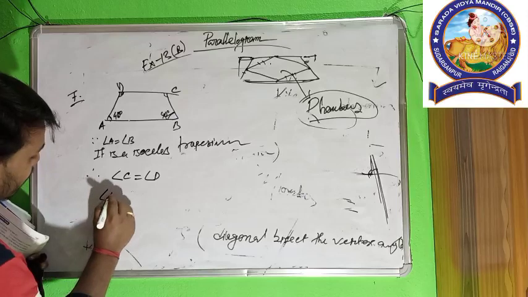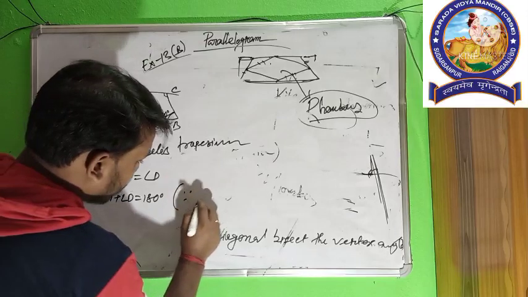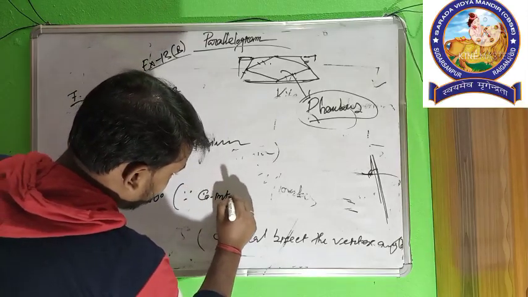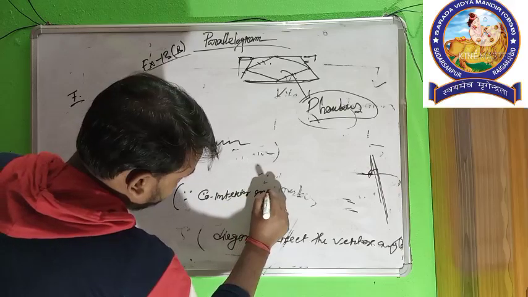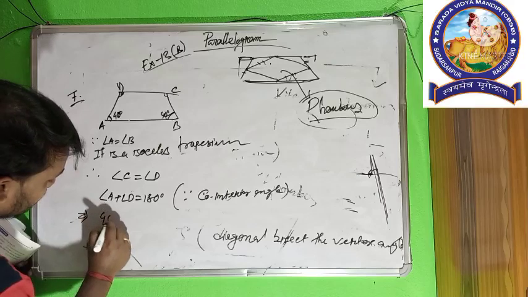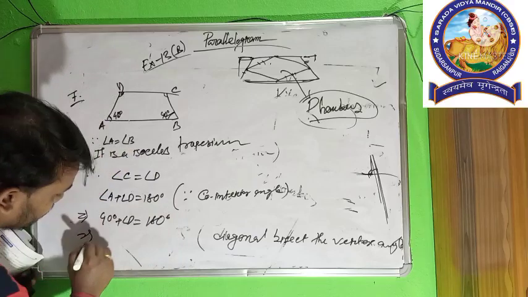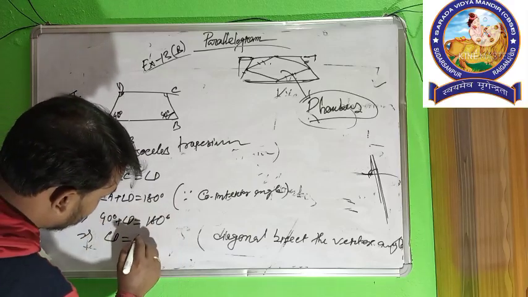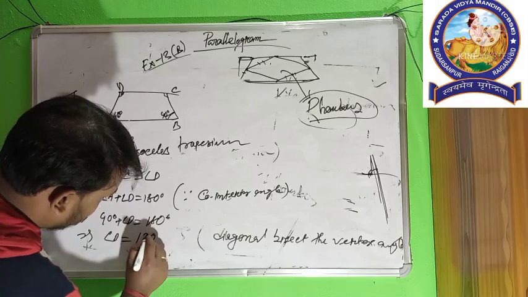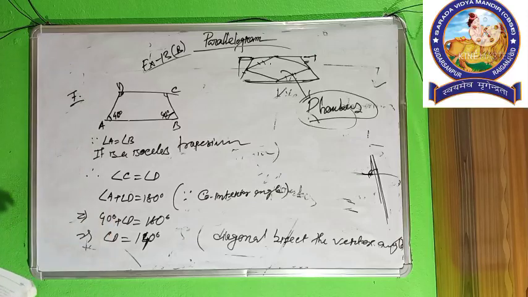Angle A plus angle D equal to 180. What is the reason? Co-interior angles. So 40 plus angle D equal to 180 degree, implies angle D equal to 180 minus 40, that means 140 degree. So C is also 140 degree. So the other two angles are 140 degree, 140 degree. Okay, very easy.